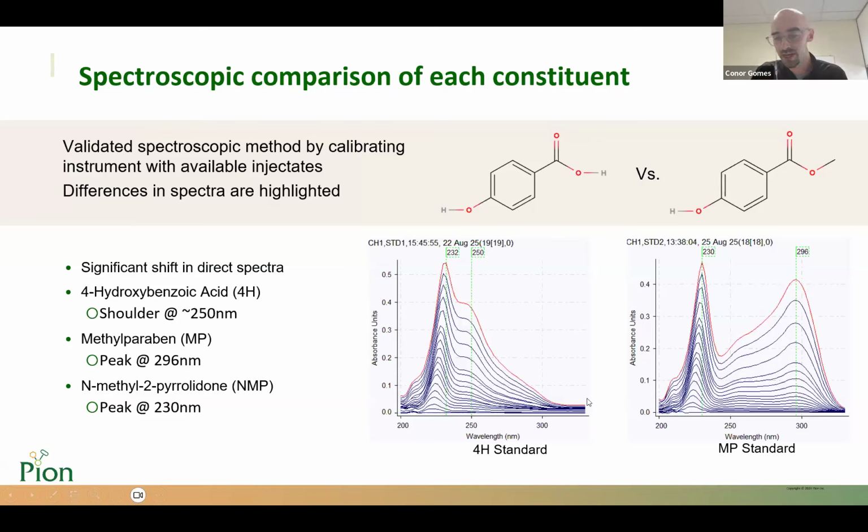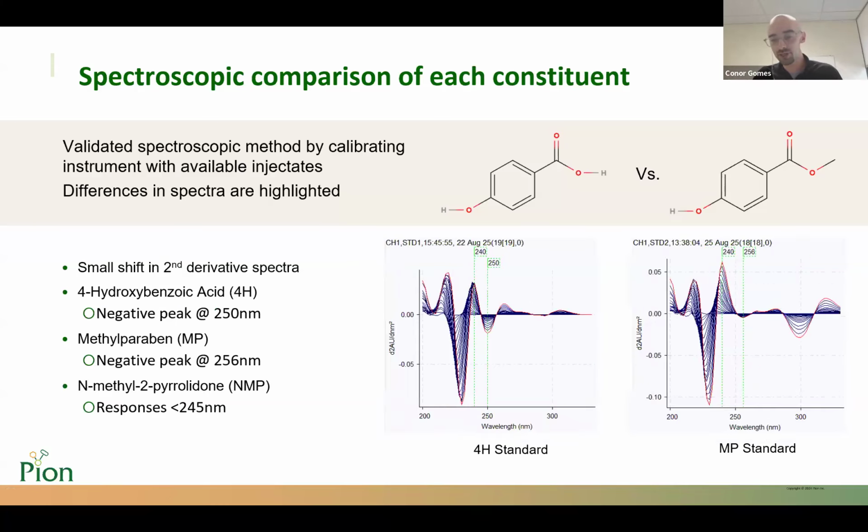So all the absorbance after that is coming from the esters and carbon chains that are added on. And with 4-hydroxybenzoic acid, you can see that we have this peak right before 250. And then with a little bit more conjugation or ionizability from the carbon chain, you get a peak shift closer to 300. So the distinct peaks are initial evidence that we should be able to distinguish between these two molecules in solution using our fiber optic probes.